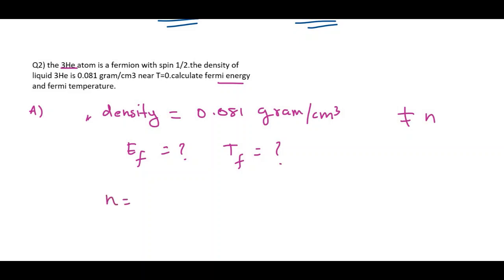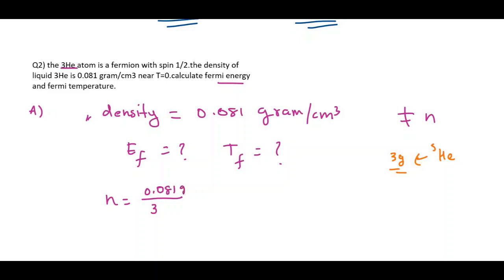Before finding that, the atomic mass of helium 3 is 3 gram. Helium 3 means atomic mass is 3 grams. So n is density 0.081 divided by atomic mass 3.